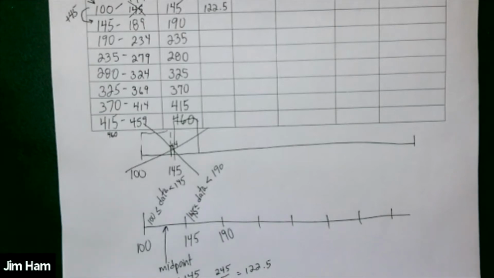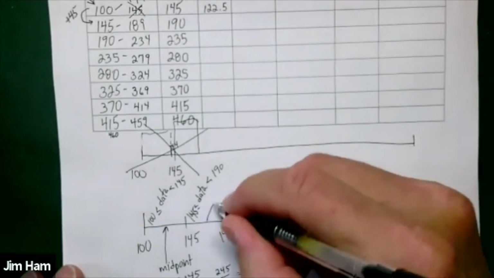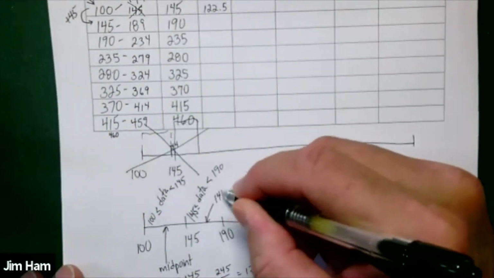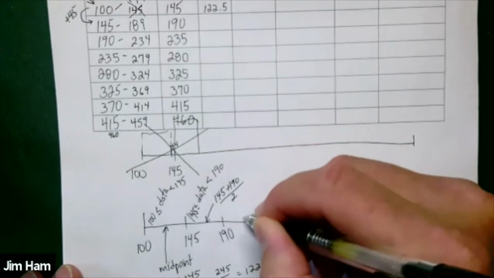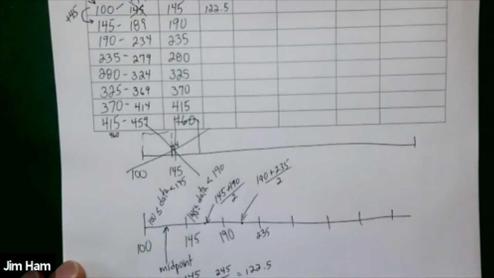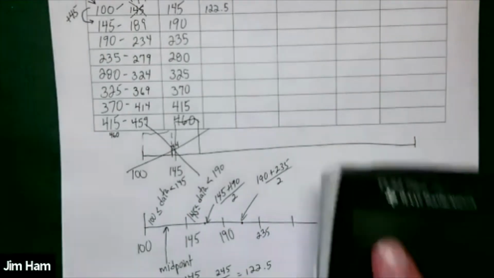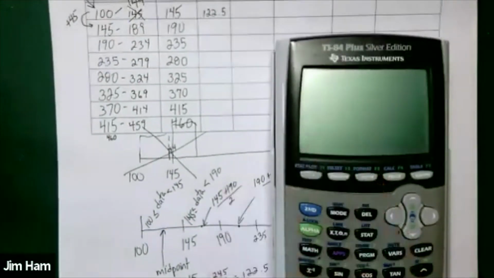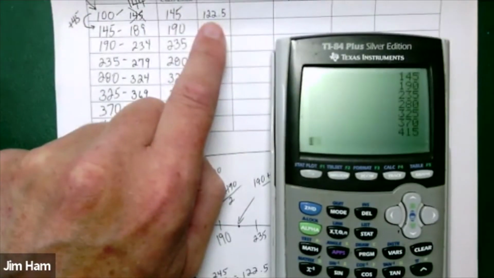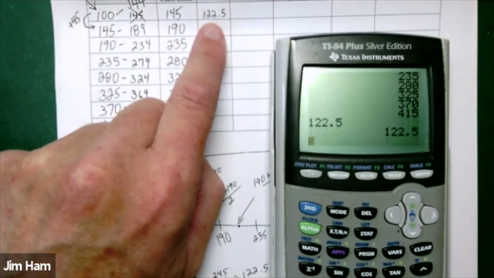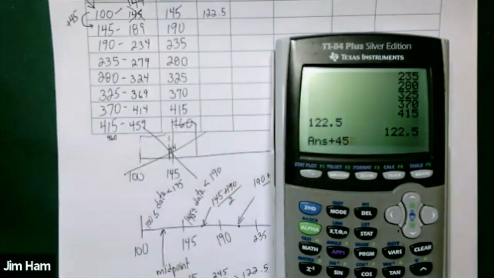The tedious way to do this would be to calculate the midpoint using the formula every single time. The easy way to do it is to get your calculator out and type in the first midpoint, 122.5, and then add 45 because the midpoints are jumping by 45 as well.